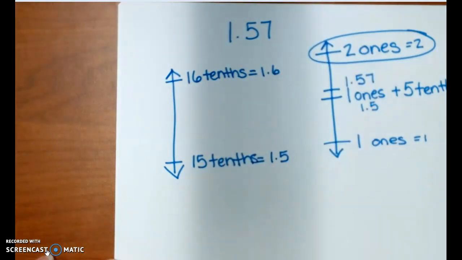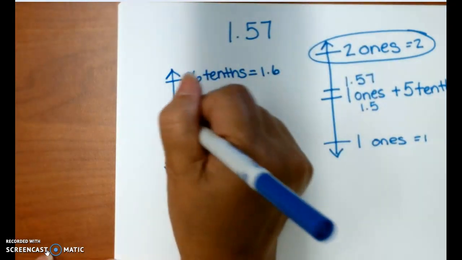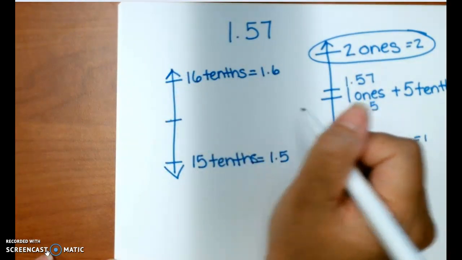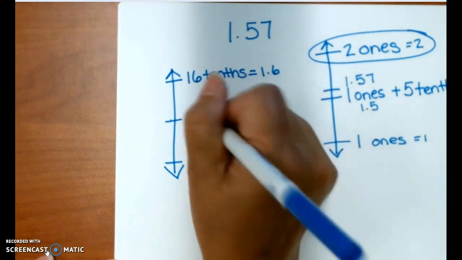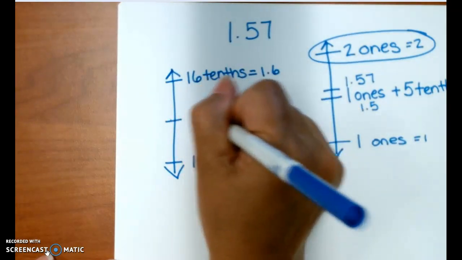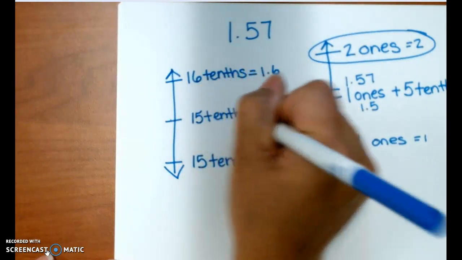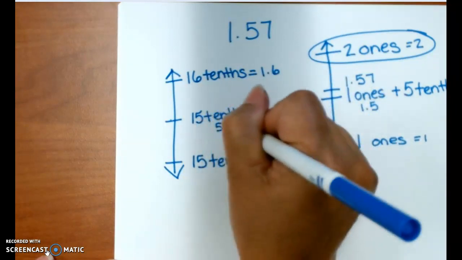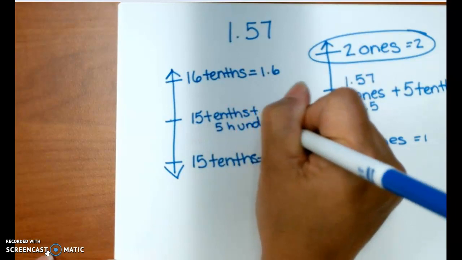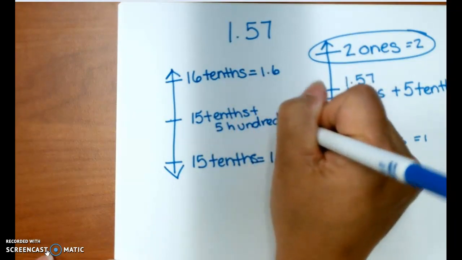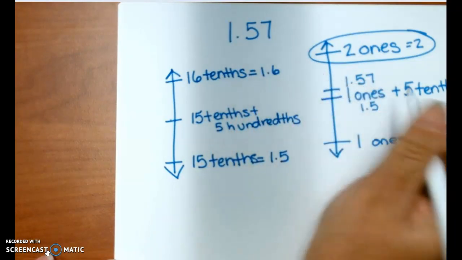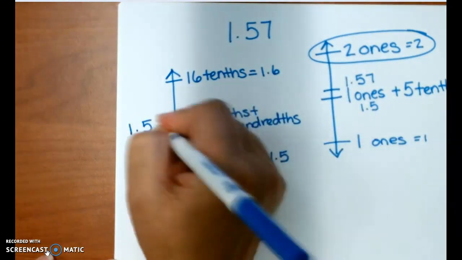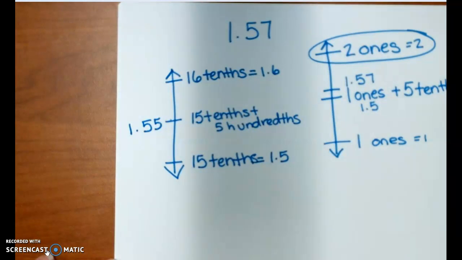What comes halfway in between is 15 tenths plus 5 hundredths, which is 1.55.